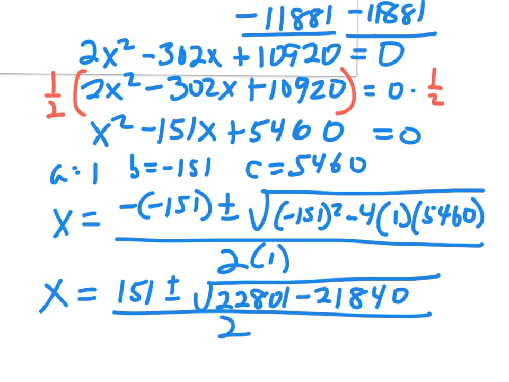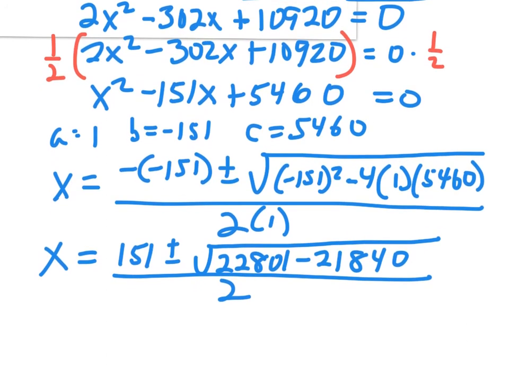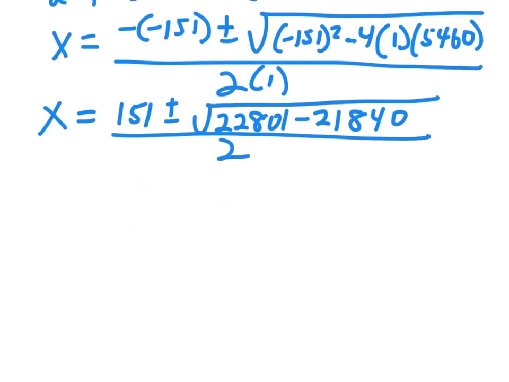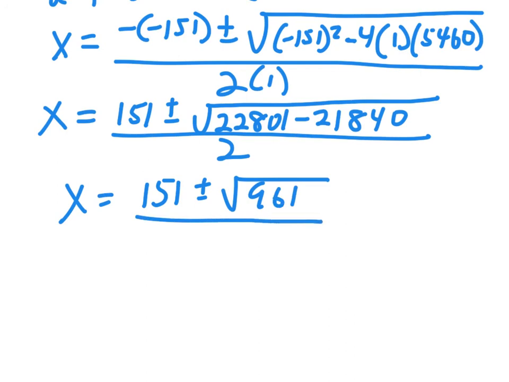And that boils down to x equals 151 plus or minus the square root of 961, over 2, and 961 is actually a perfect square.